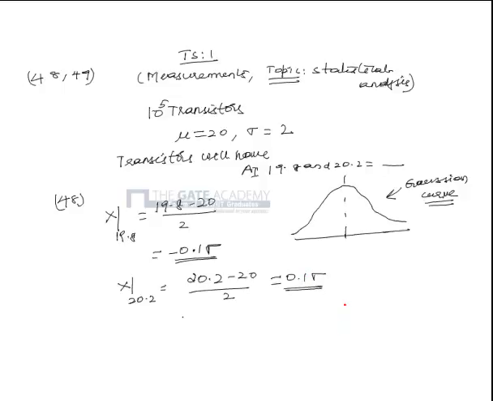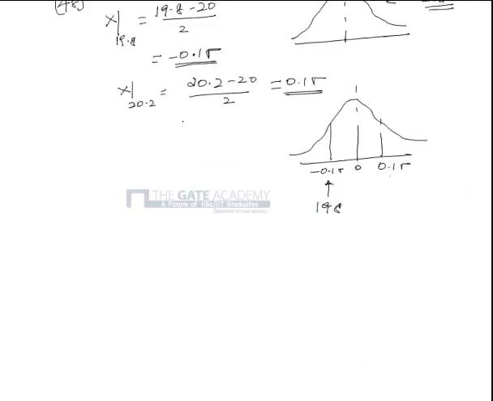Now if I redraw my Gaussian curve, this is my mu, and this is my 0.1 sigma and minus 0.1 sigma. This corresponds to 19.8 and this corresponds to 20.2. We are asked to find the transistors which have a current gain greater than 19.8 and less than 20.2. So this is our boundary limits.